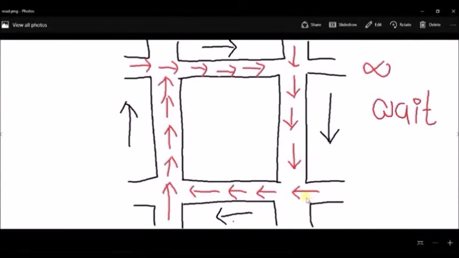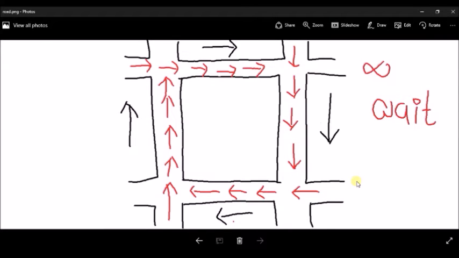So in this system, the hold and wait condition is present at both junctions. But it doesn't mean there is a deadlock, because here there is no traffic. It means this traffic can move forward. After this traffic moves forward, the others can all move forward too, and there is no deadlock in this example.